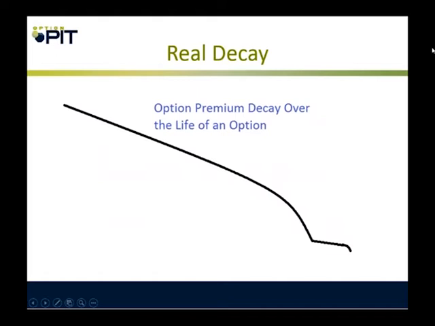So this is the real decay of option premium over the life of an option. Once options get cheap enough, the decay starts slowing down again.